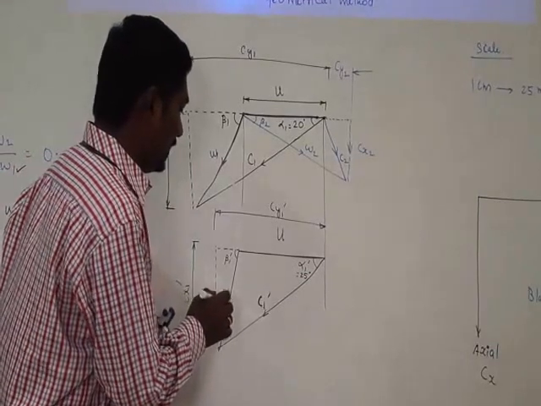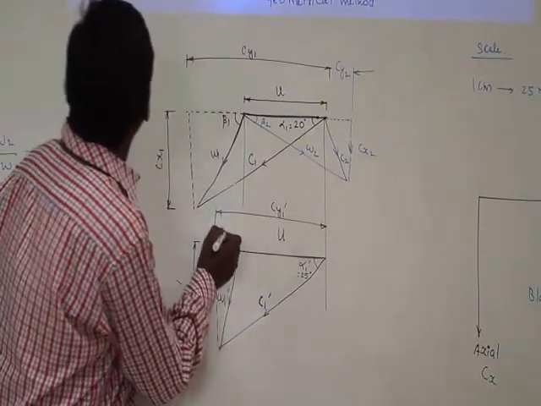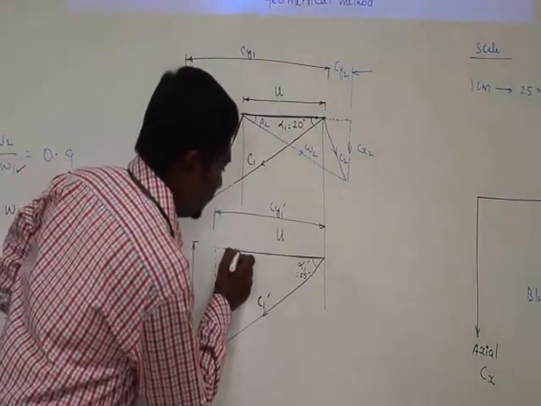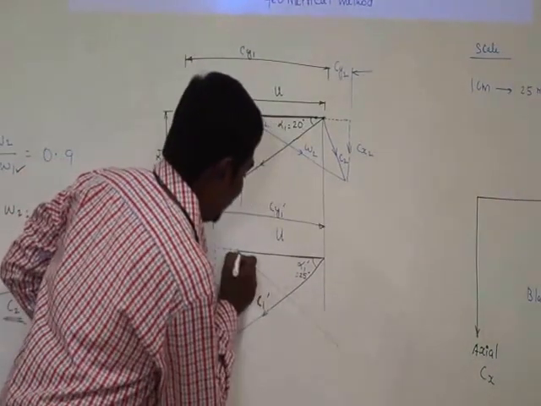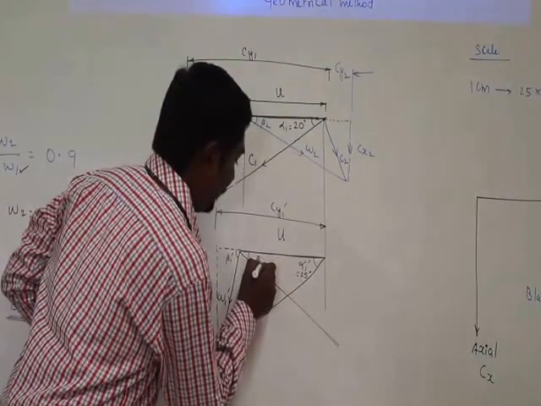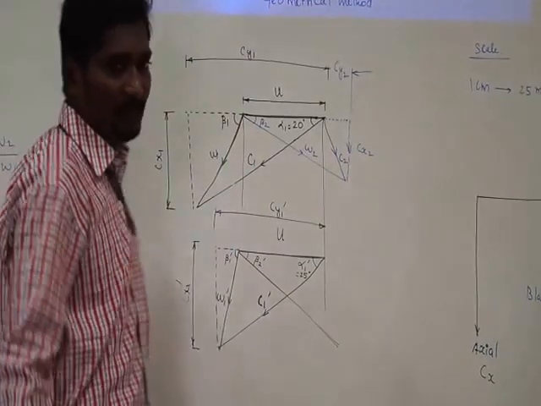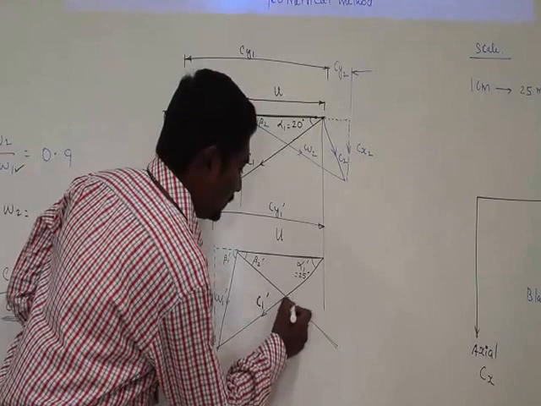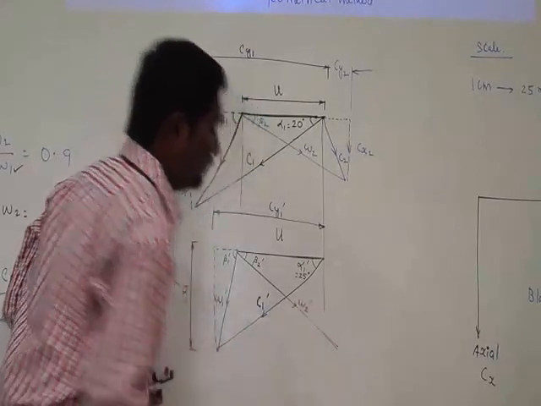To draw the outlet velocity triangle, you should know beta 2 dash. This angle is beta 2 dash. A line corresponding to beta 2 dash, which is given in the problem as 30 degrees. So this is W2 prime.